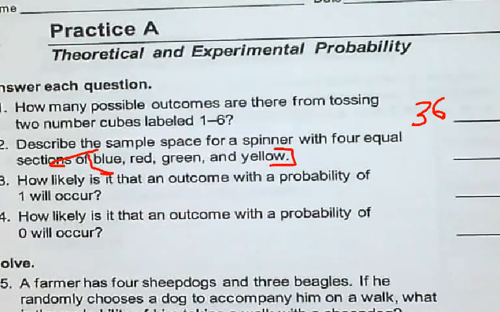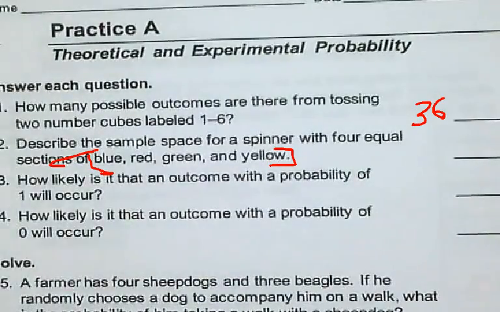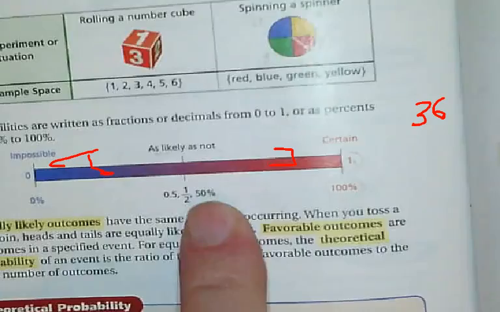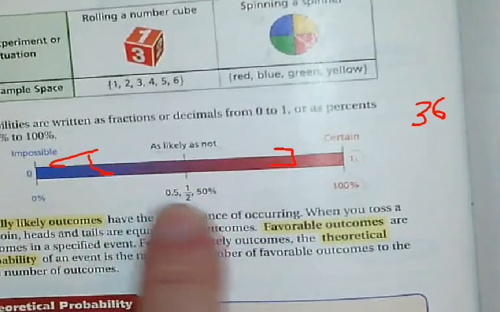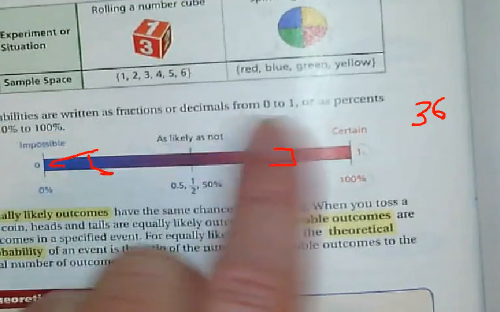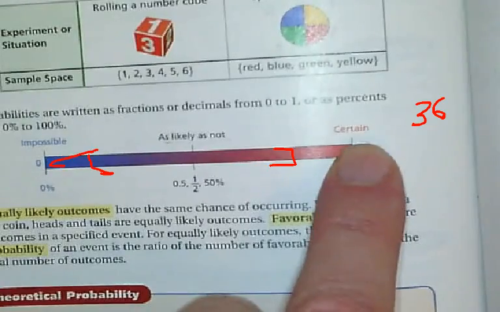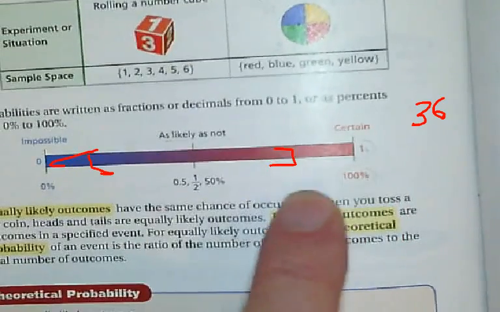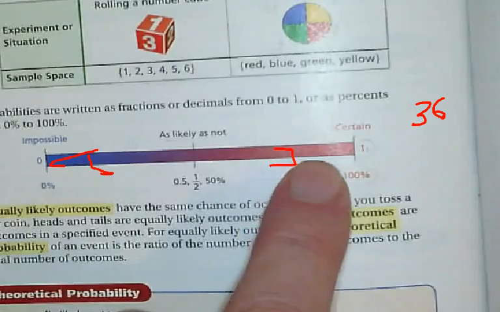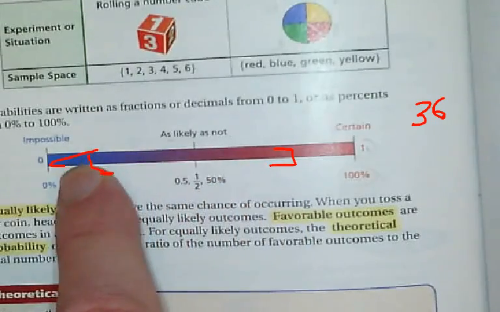How likely is it that an outcome with a probability of 1 will occur? So here we go. If it's 0, it's impossible. It'll never happen. If it's 1 or 100%, it's always going to happen. It's an absolute certainty. The closer you are to 100%, the more likely something's going to happen, and the closer you are to 0, the less likely.